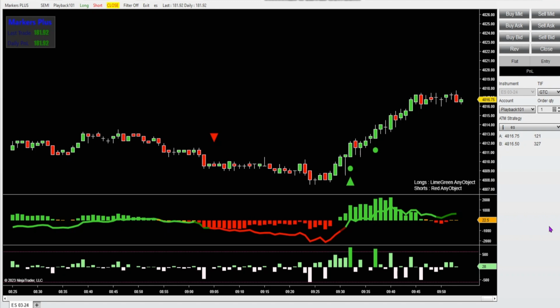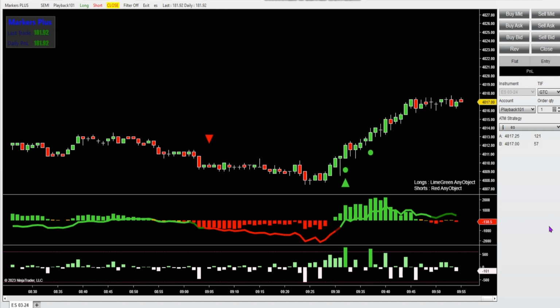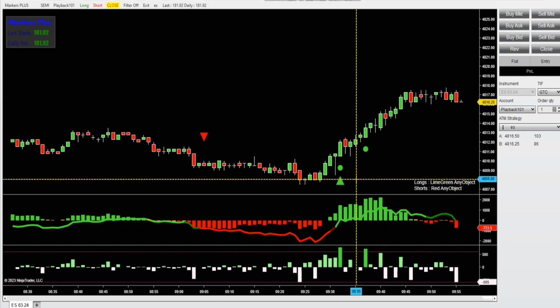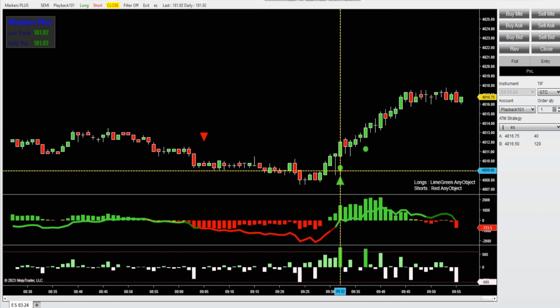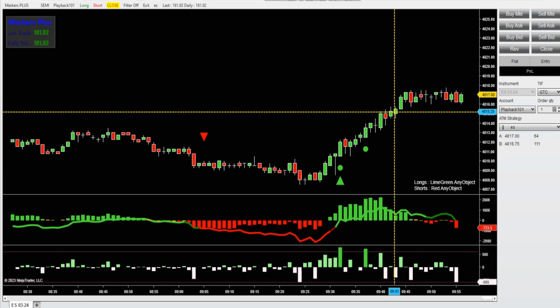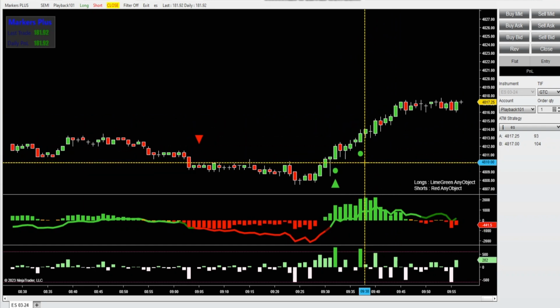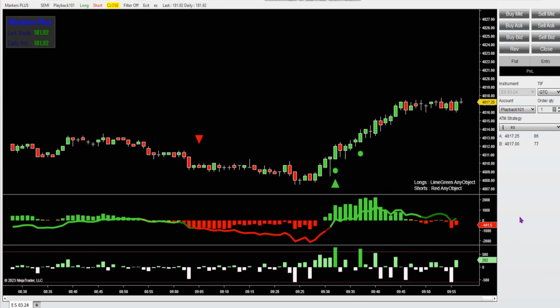And I'm going to do another video on how to create different ATM strategies with trailing stops and multiple entries, things like that. But anytime one of these signals activates, it will put an order in with your selected ATM. So there's a lot of different ways you can manage this.